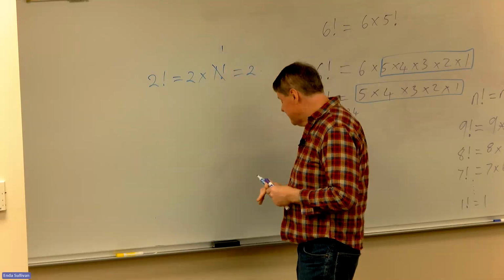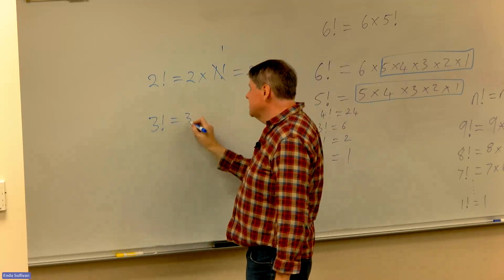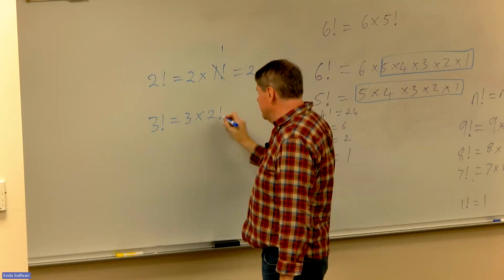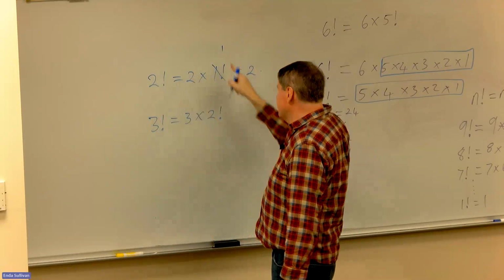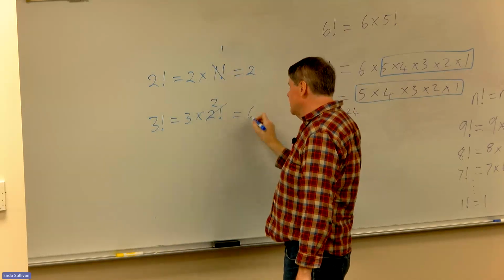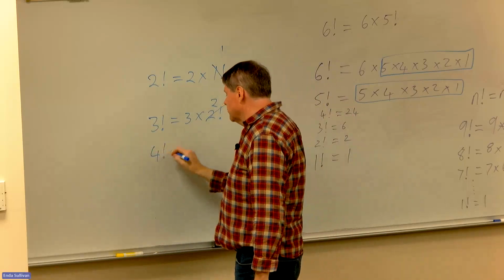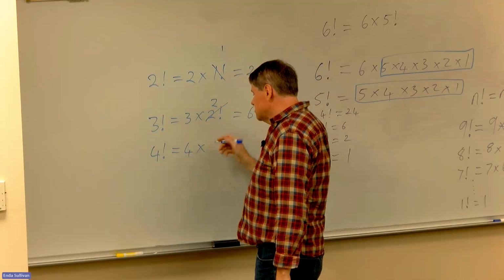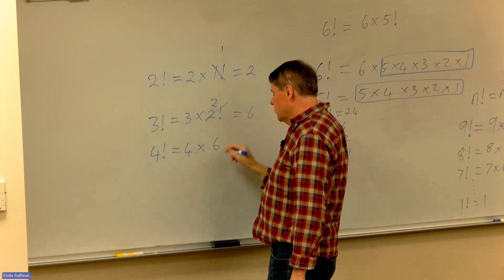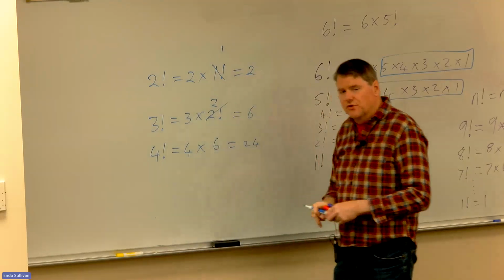And likewise, if I had started off asking you for 3 factorial, I know that that's equal to 3 times 2 factorial. Well, I now know that 2 factorial is equal to 2, so I can just cross that out, and I now know that the answer is 6. And if I go a step beyond that, 4 factorial is equal to 4 times whatever 3 factorial was, which is 6, so 24, and so on and so forth.